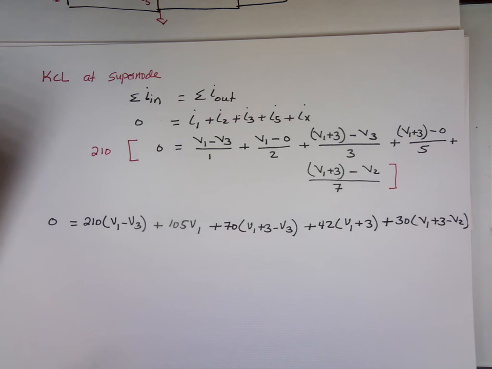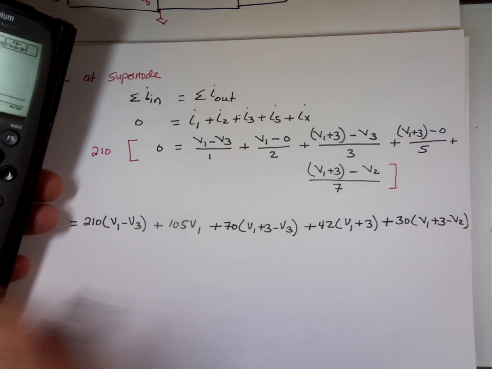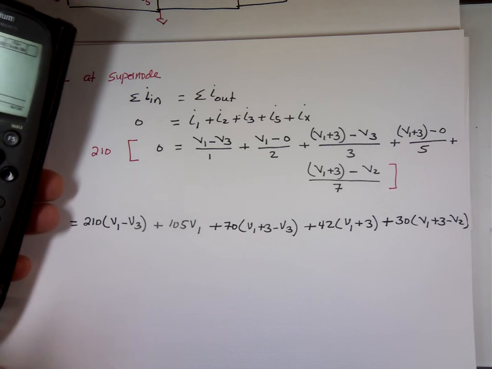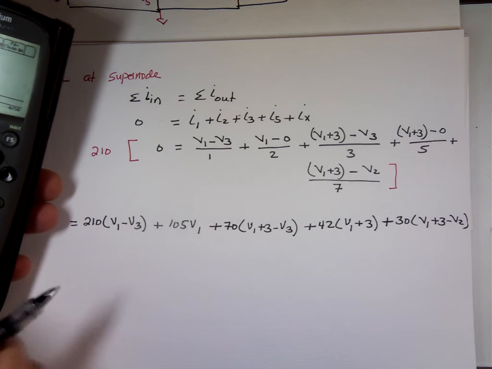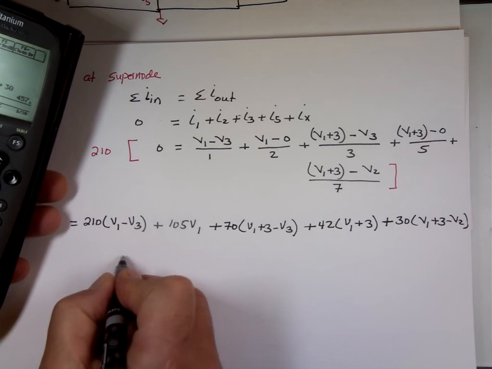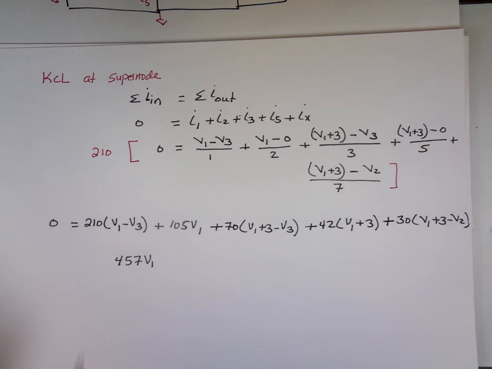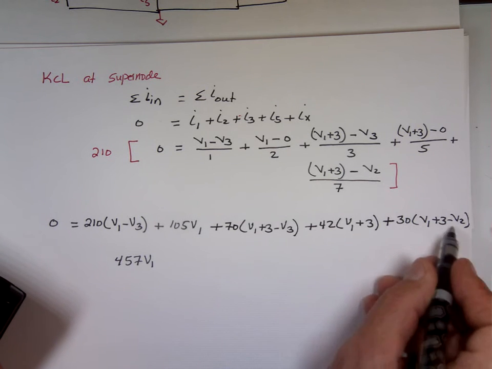Okay. 210 plus 105 plus 70 for V1, plus 42 plus 30. 457 V1. For V2, it's just 30? It's negative 30. Is it negative 30 here? Yeah.